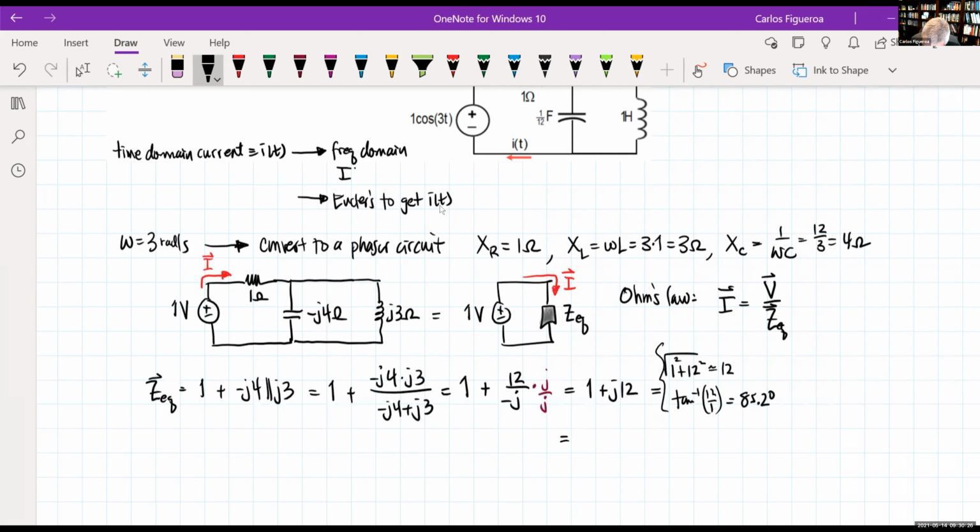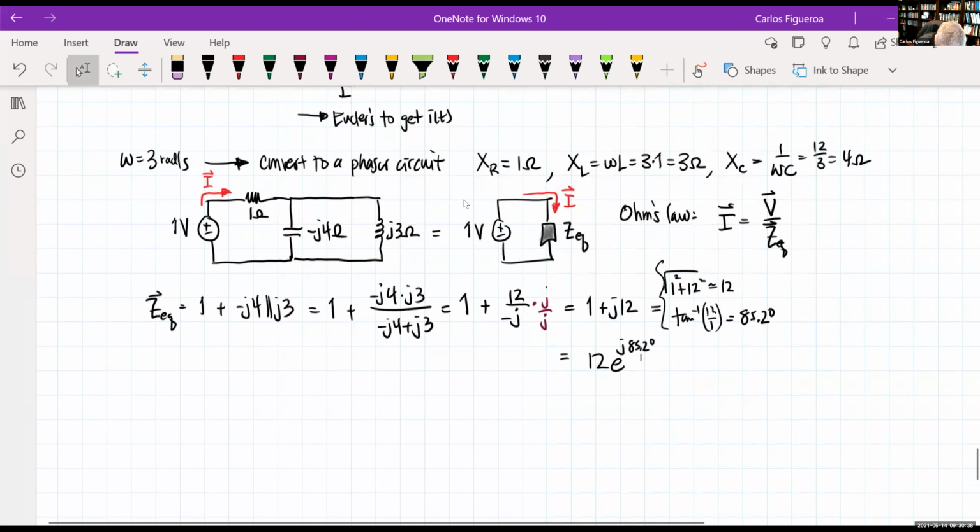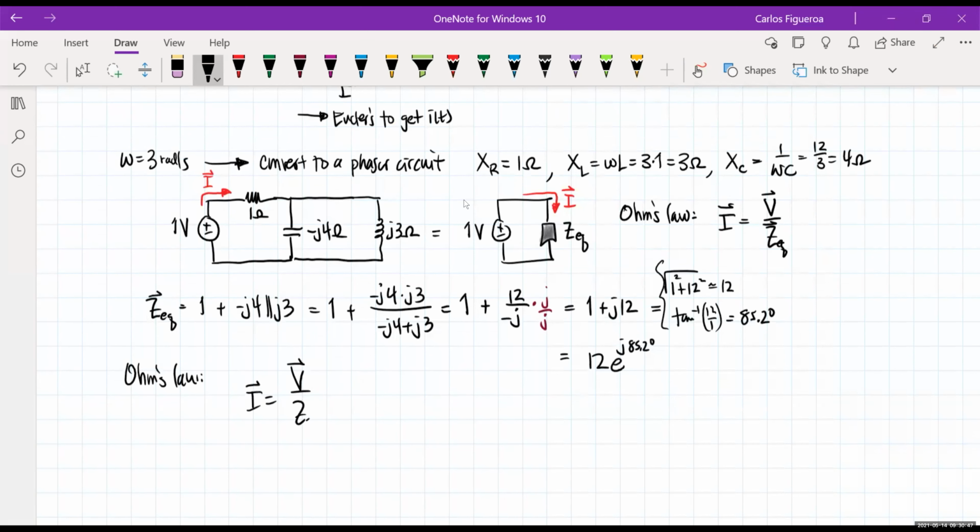So in phasor form, this is roughly 12 e to the j 85.2 degrees. Now that I have it in phasor form, here's Ohm's law. The current is V divided by Z equivalent, where V is just 1 volt and Z equivalent is 12 e to the j 85.2 degrees.